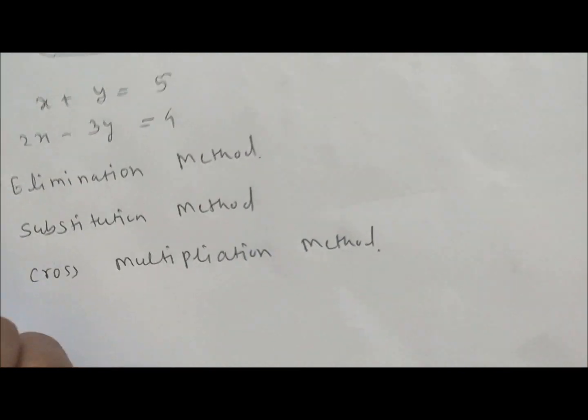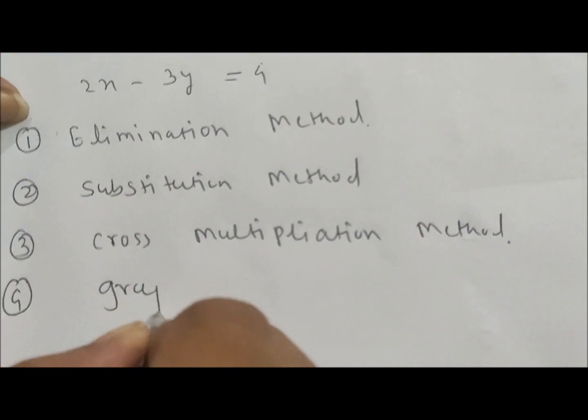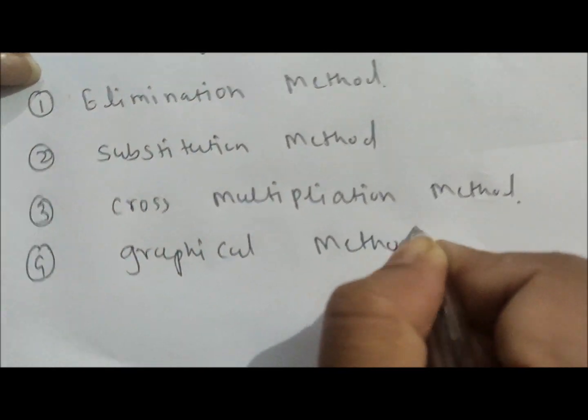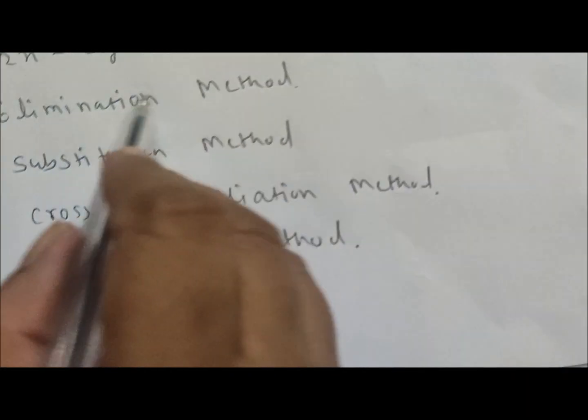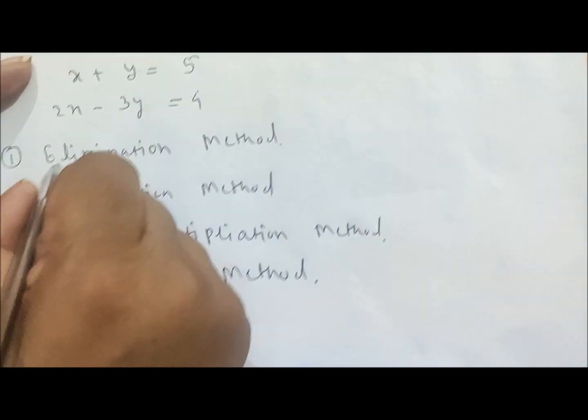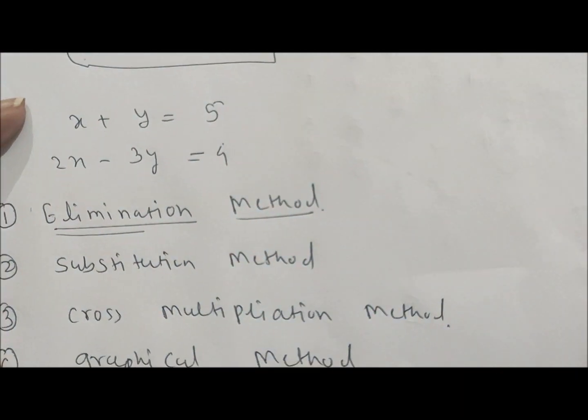You can also solve these two equations by the graphical method. And we can solve this pair of linear equations by using Cramer's rule or the determinant method. First we will see how we can find the solution of this equation using the elimination method.